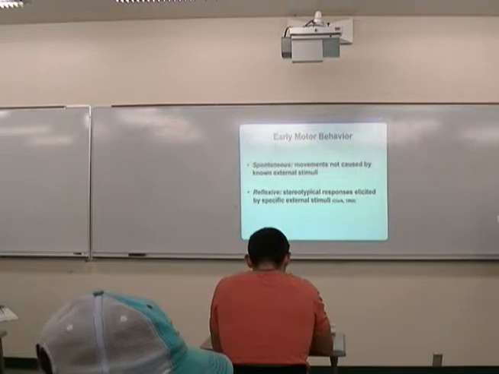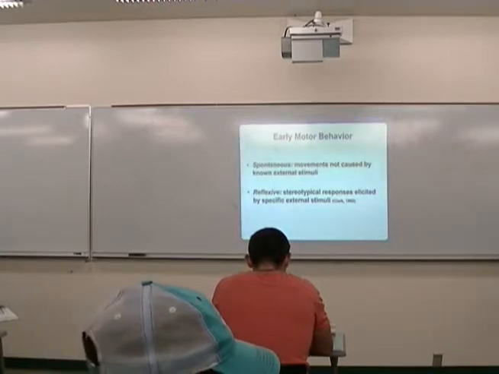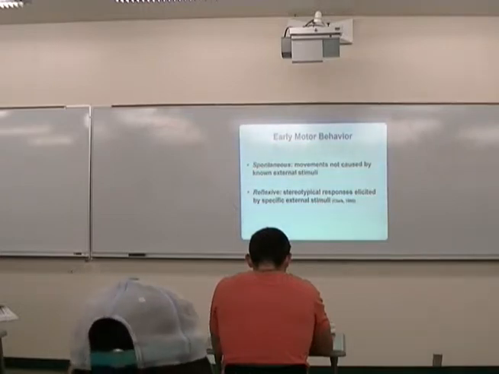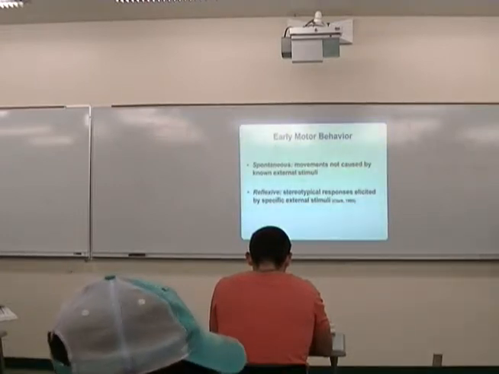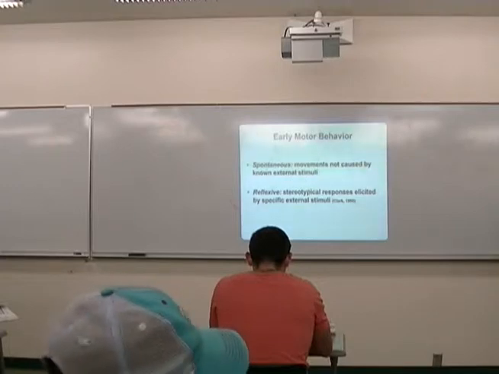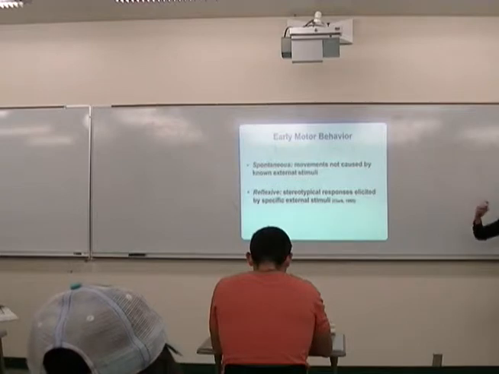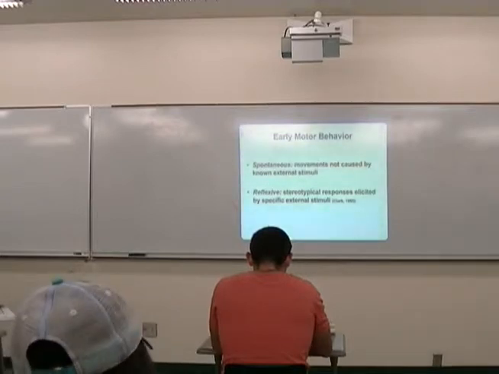All right, so we're starting to look at movements we can see. We're going to start with early movements. When we're looking at what we see later on, remember, as we said with the prenatal stuff, everything we see later on comes from what happens when we're small, right?